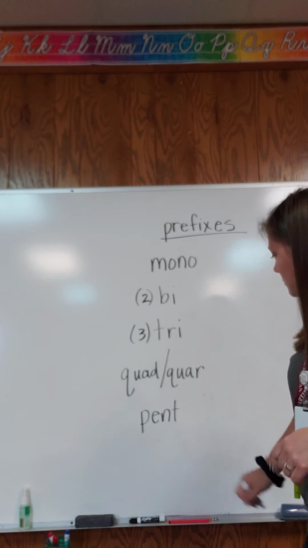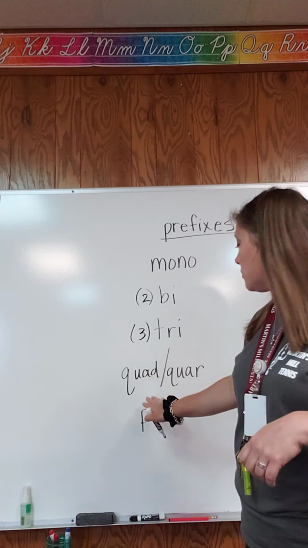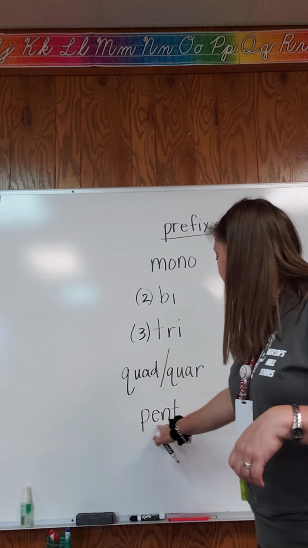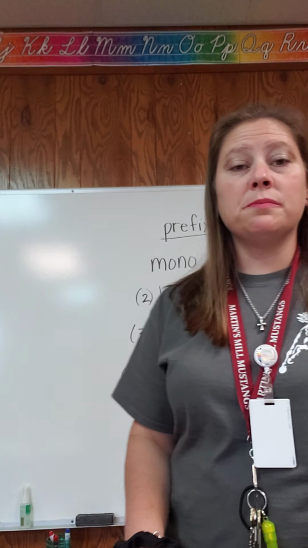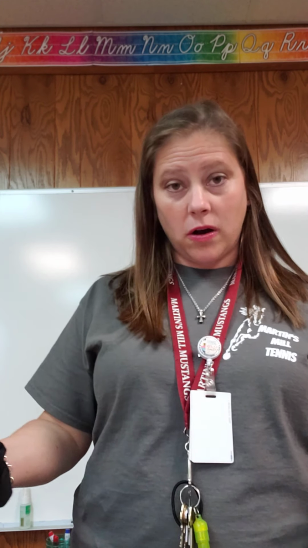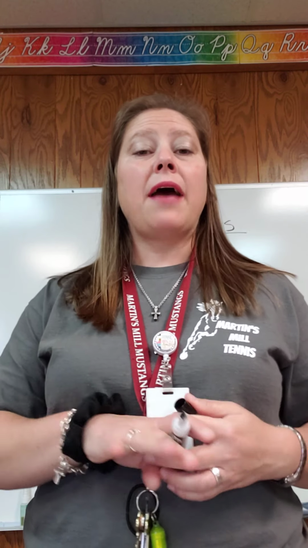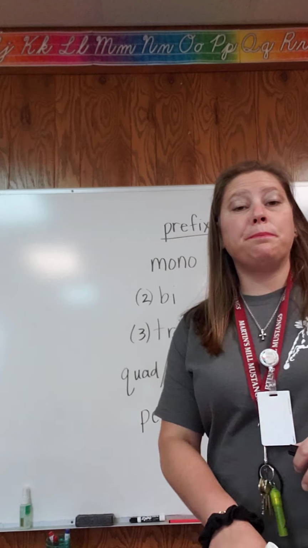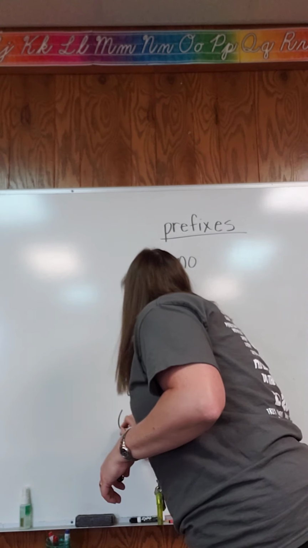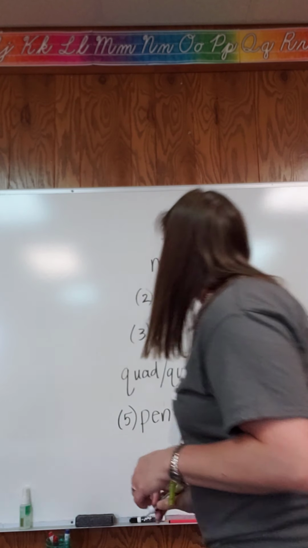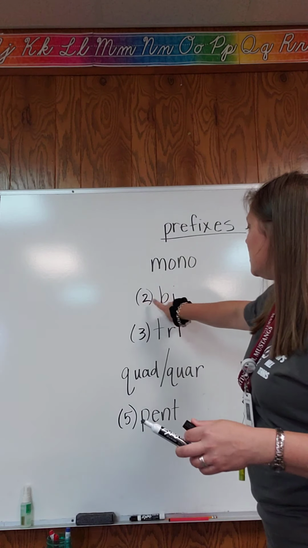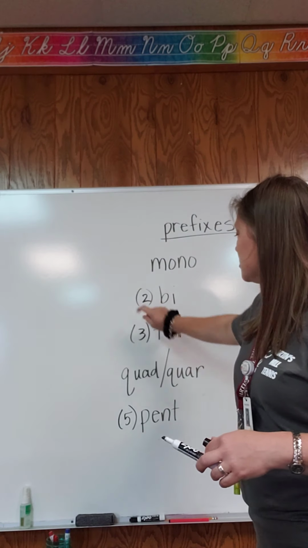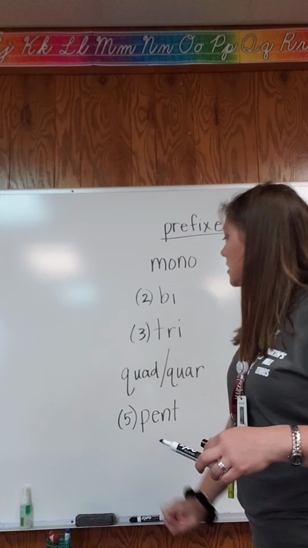You might not be as familiar with quad or quar. Pent, what might come to your mind with pent is a pentagon. If you know anything about a pentagon, you know that a pentagon has 5 sides. Therefore, prefix pent is related to the number 5. So we have found a prefix related to the number 2, the number 3, and the number 5.